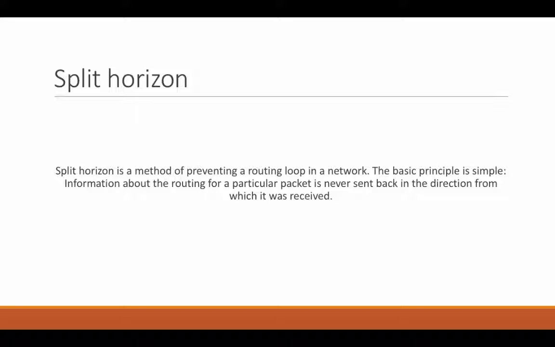So split horizon is a method of preventing a routing loop on a network. The basic principle is simple. Information about the routing for a particular packet is never sent back in the direction from which it was received. It can be achieved by means of a technique called poison reverse. This is the equivalent of route poisoning all possible reverse paths.